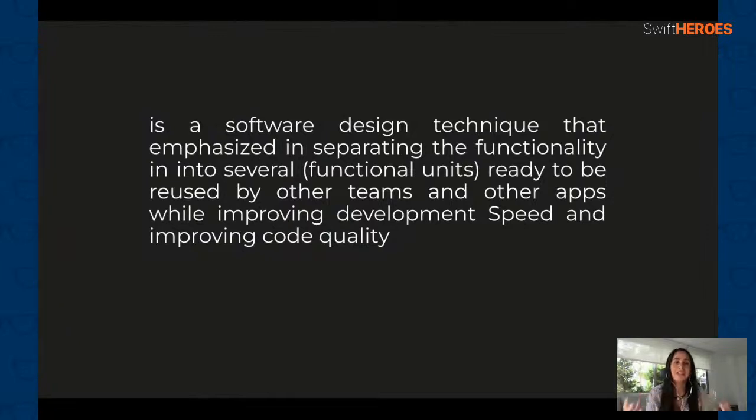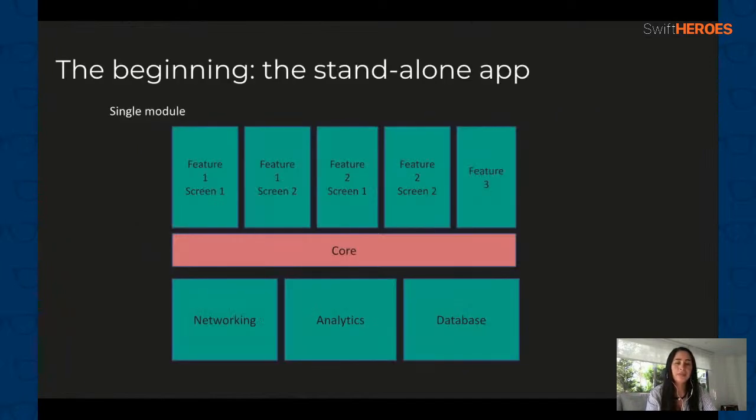And while that sounds nice in theory, I want to share with you what has been our process to getting to this place of actually having a modular application. It's been quite some time to be able to get there.